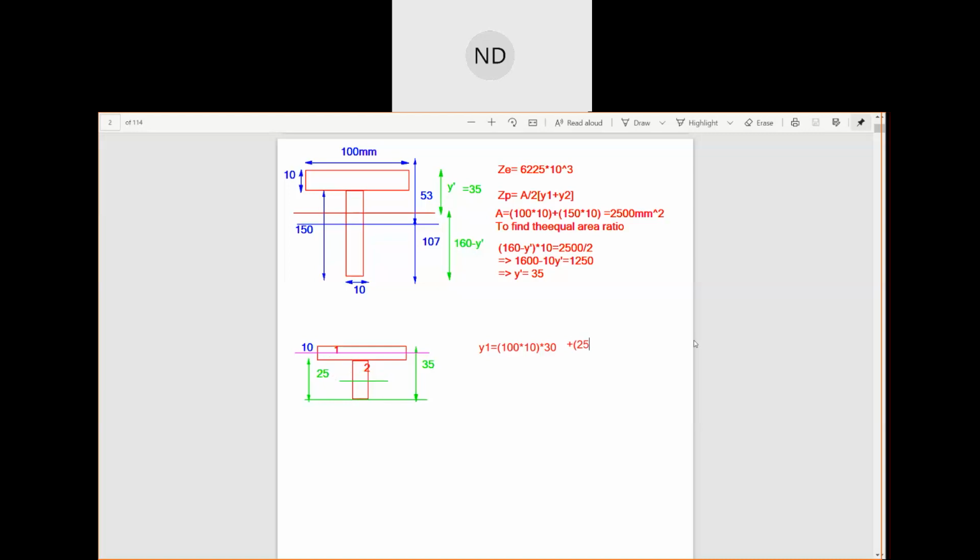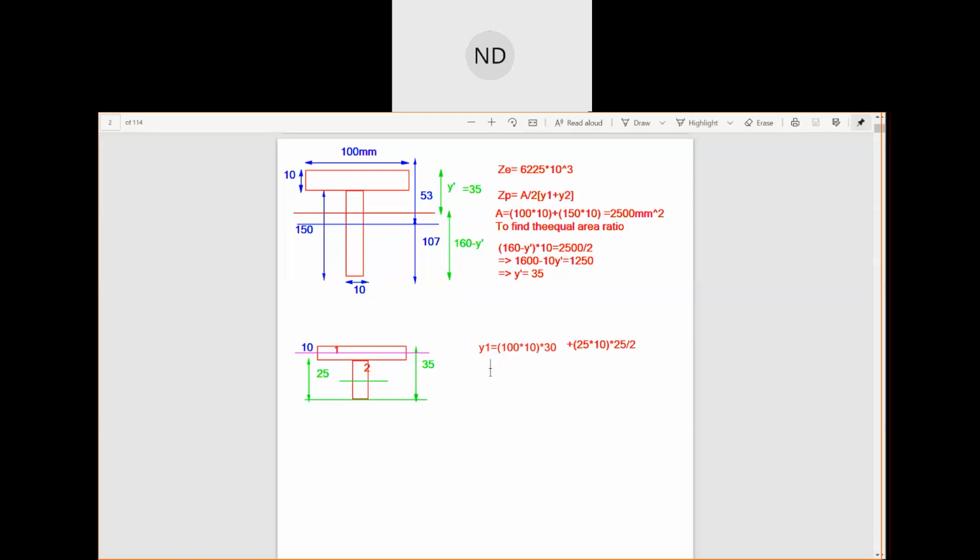So 25 into 10 into the CG of this second rectangular member, which is half of 25 up to the equality axis. So 25 divided by 2.